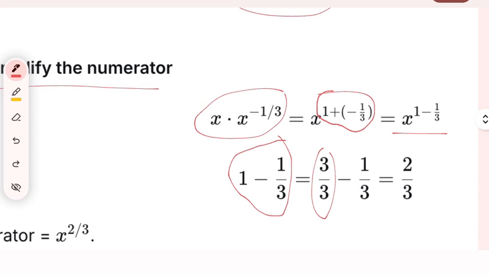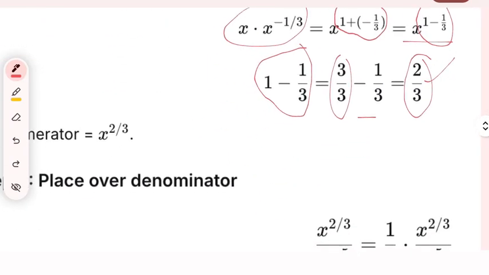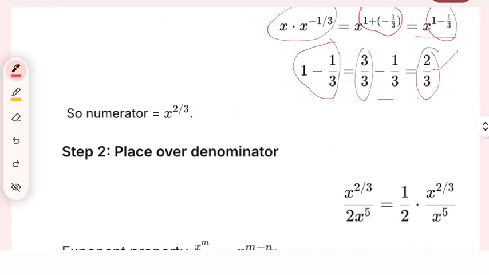So 3 over 3, and then we have 1/3 here, so minus 1/3. So 1 minus 1/3 is actually 2/3. Therefore, we simplified the numerator as x to the 2/3.